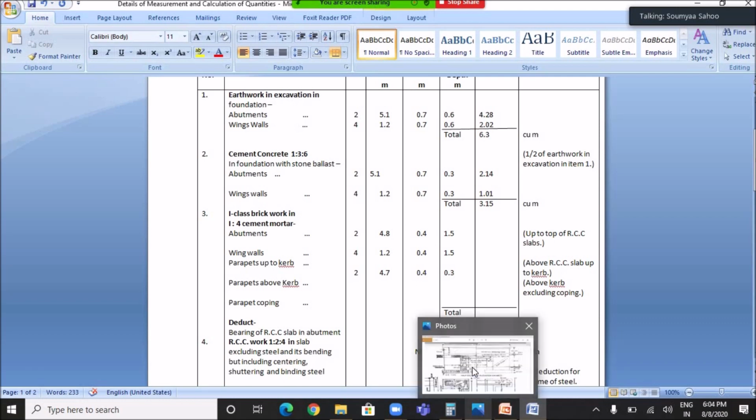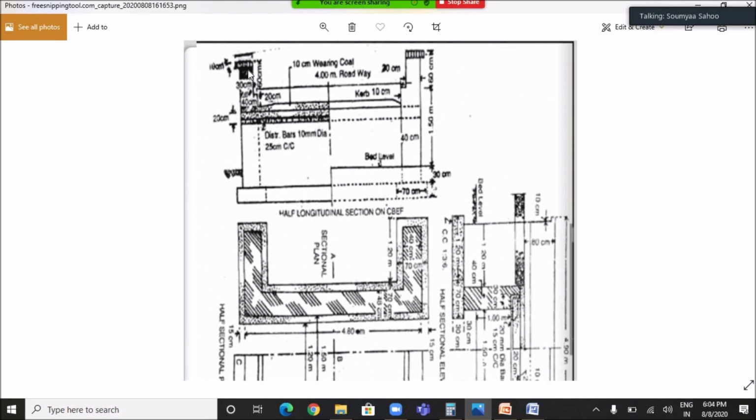So the parapet above and excluding the coping is from this point to this point, and from this point to coping the entire height is given as 60 centimeter. So if we exclude the coping, which is having a height of 10 centimeter, we can get the height of the parapet above the curb from this point to this point as 50 centimeter, because the entire height is 60 centimeter.